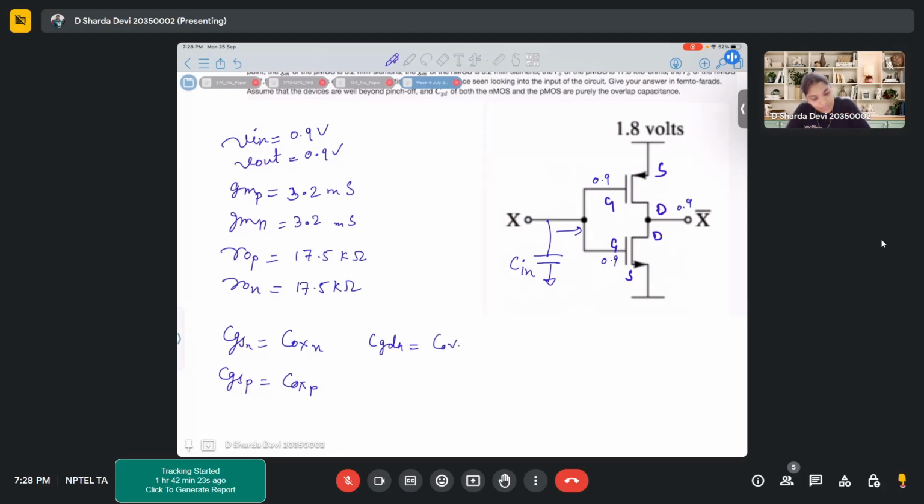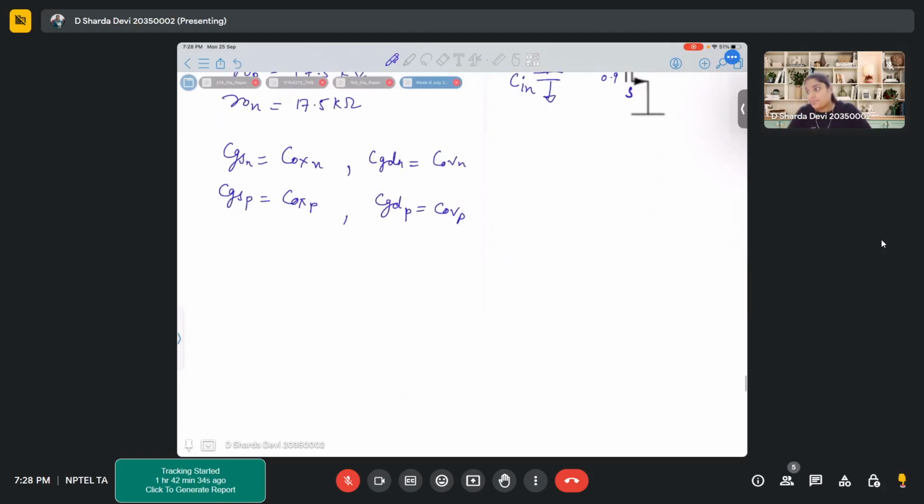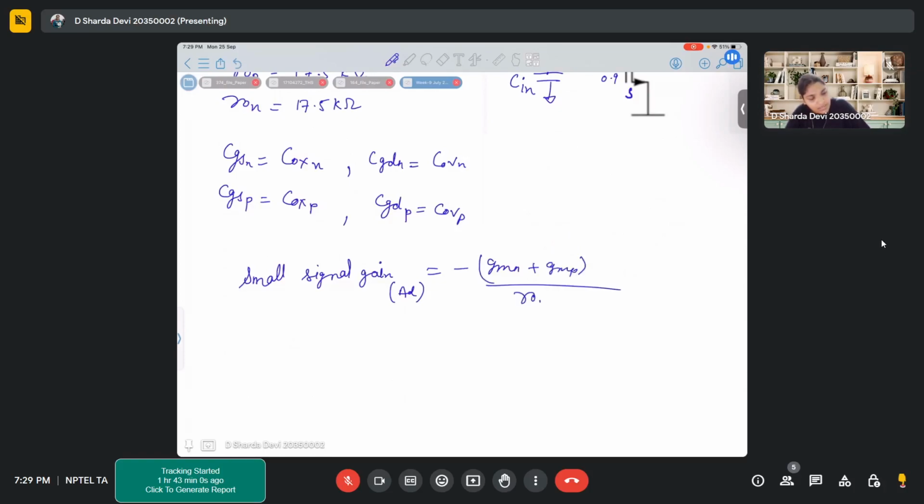So it will be COV of N, and CGD again, it will be COV of P. And the small signal gain for this type of configuration, that is AD, is minus GMN plus GMP upon R0N in parallel R0P.